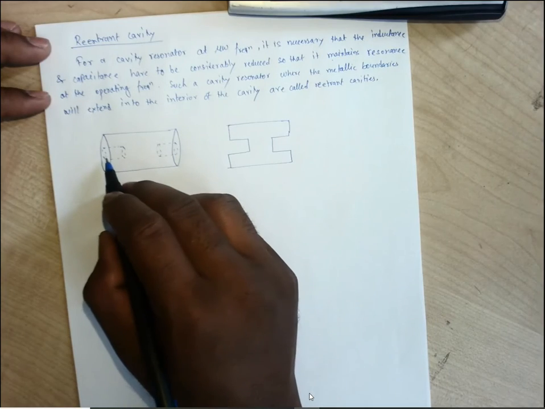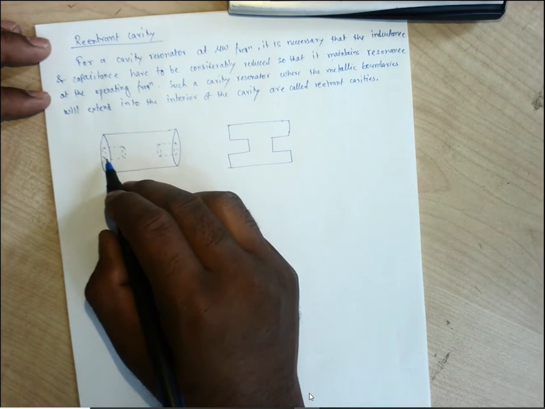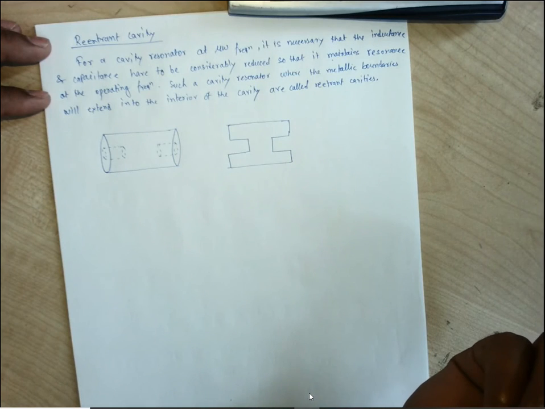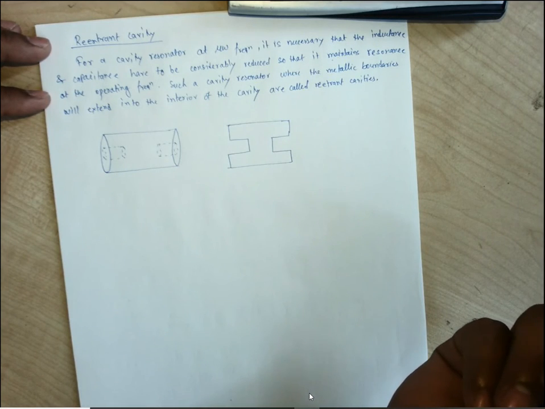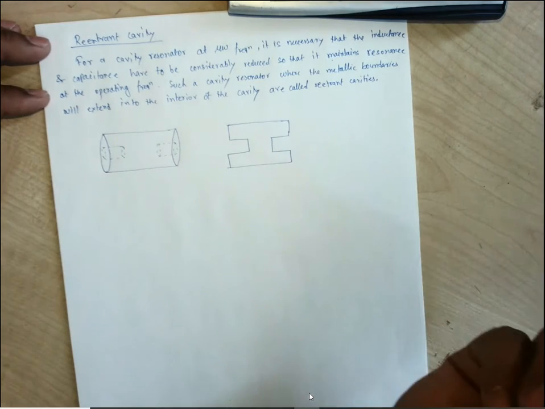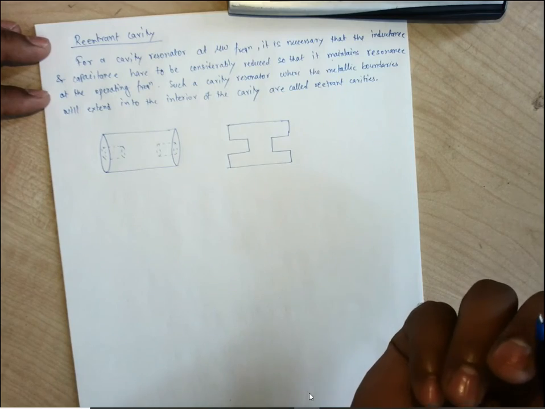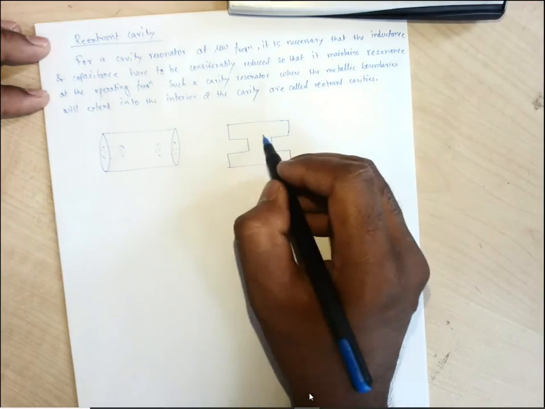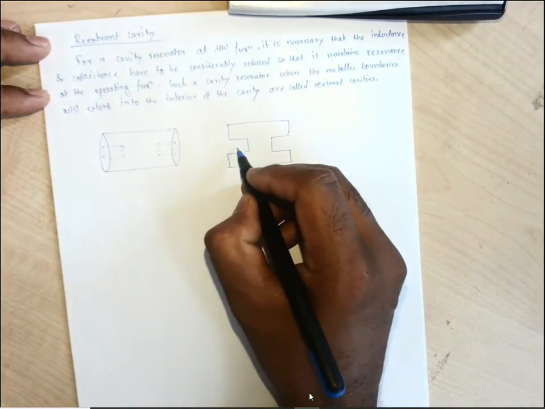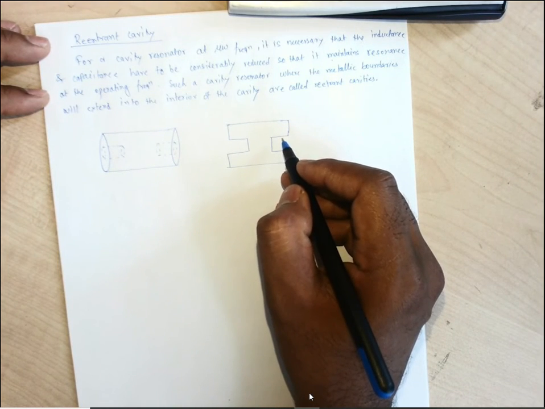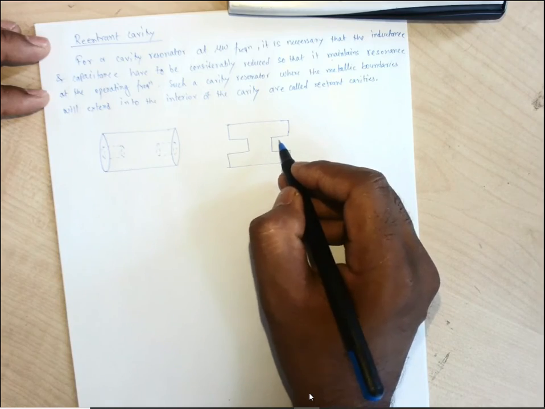From the center it is extended to the interior of that structure. Some metallic boundaries are extended towards the center of that structure. Means if you do the cross section, this portion and this portion has been taken out. There is nothing, no metallic part exists on this portion.